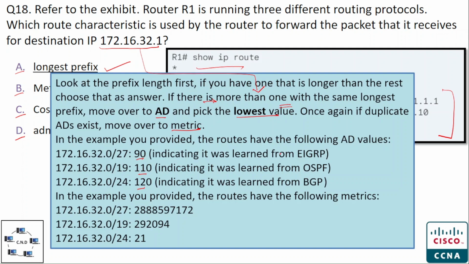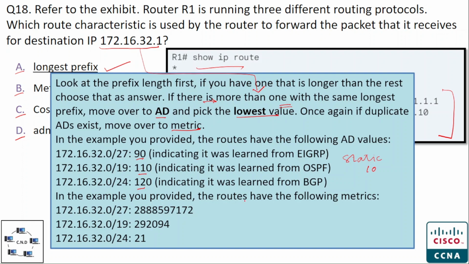Each routing protocol has a certain administrative distance, such as 90 for EIGRP, 110 for OSPF, and 120 for RIP. A quick question: what is the administrative distance for a static route? I think it is 1.